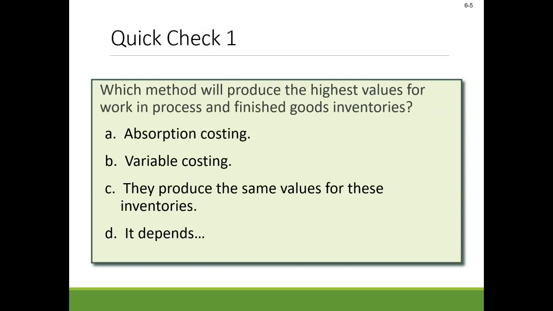So our first question for you: which method will produce the highest values for work in process and finished goods inventory? Well, guys, absorption costing actually would, because part of the product cost is fixed manufacturing overhead, which is a big piece.